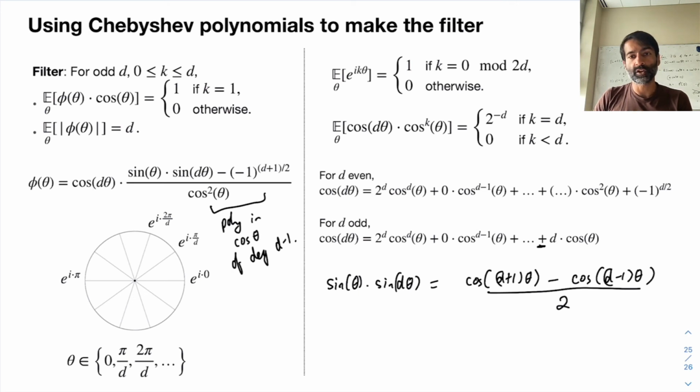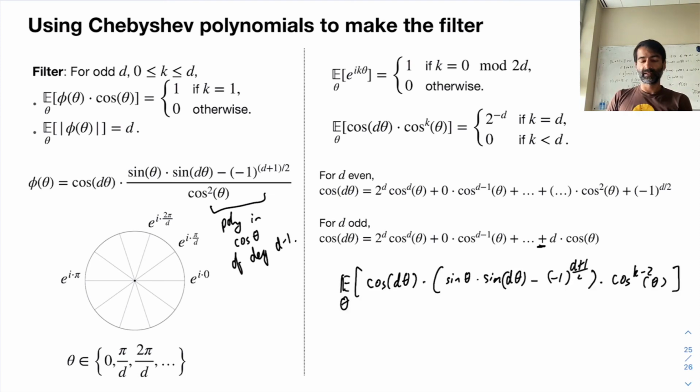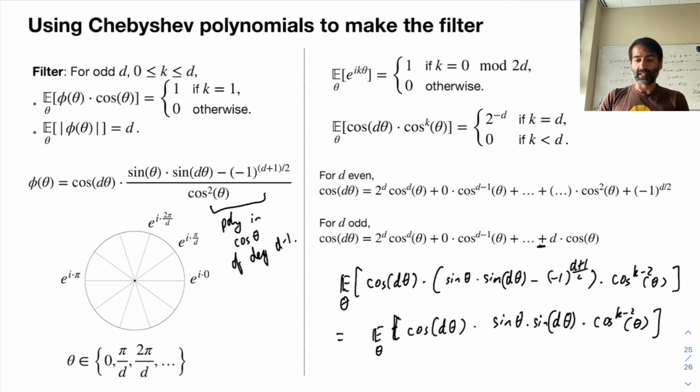When k is larger than 1, then I claim that again you get 0, and that's because when k is larger than 1, what you have here looks like the expectation over theta of phi of theta times a polynomial. I just drop this constant term, and I can do that because the difference between this polynomial in cosine theta and this polynomial in cosine theta is a polynomial of degree at most d minus 1 in cosine theta.